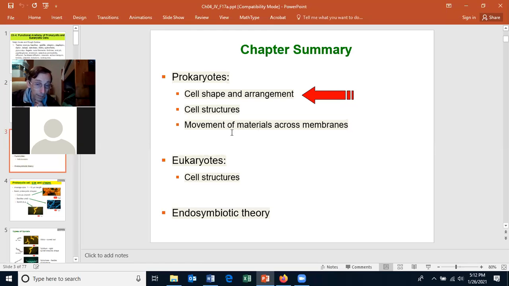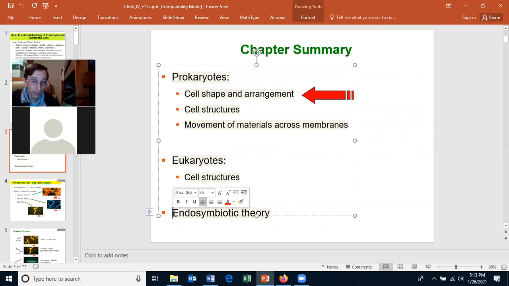After that, if we have time, we'll talk about the eukaryotes, mainly their cell structures, largely the organelles, but we'll also talk about a few other cell structures. And if we don't finish that, like I said, I'll just assign it. It's in a worksheet, and you've had this material before. And lastly, I'll talk about the endosymbiotic theory.